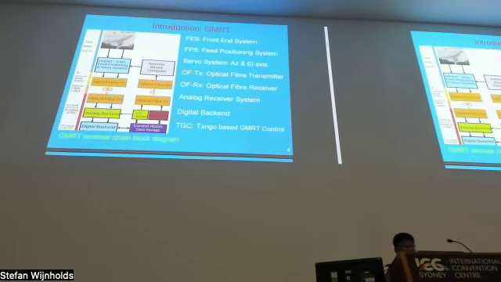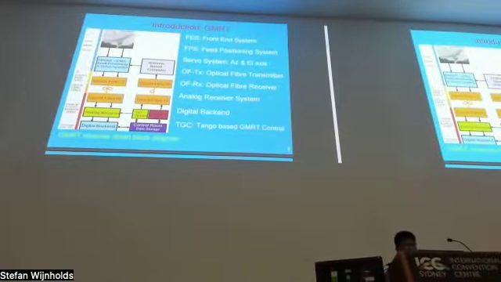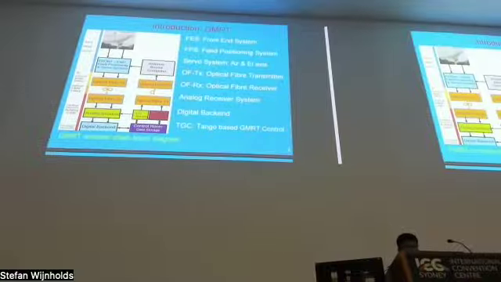Next is TGC, the Tango based GMRT control. It is Tango open source code for hardware supervision and controlling, developed in collaboration with TCS, Tata Consultancy Services, under the active guidance of our Central Director, Professor Yashwant Gupta.